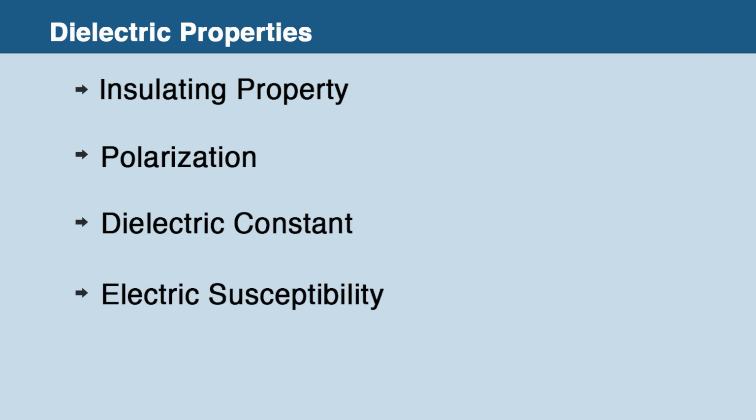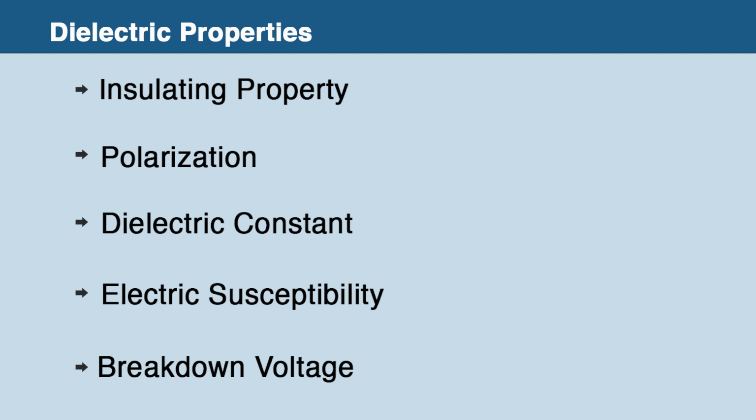And what is electrical susceptibility? The electrical susceptibility defines how easily a material can be polarized by an external electric field.